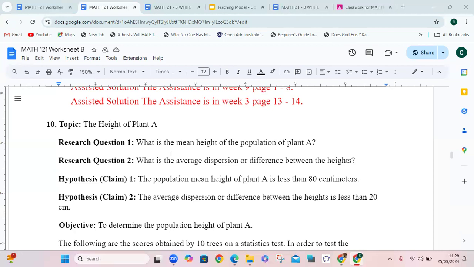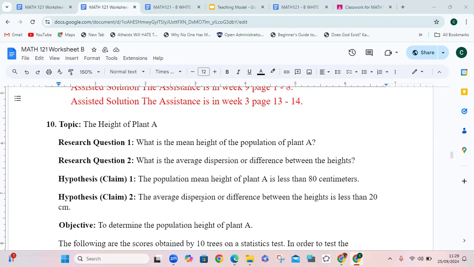So that's the purpose for research question number 2. So hypothesis 1 is responding to research question number 1 about the mean. Hypothesis 2 is responding to research question number 2 about the average dispersion between the heights.